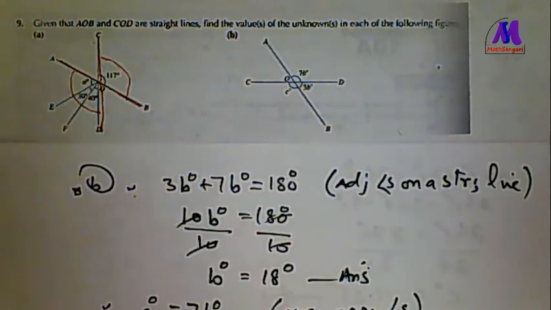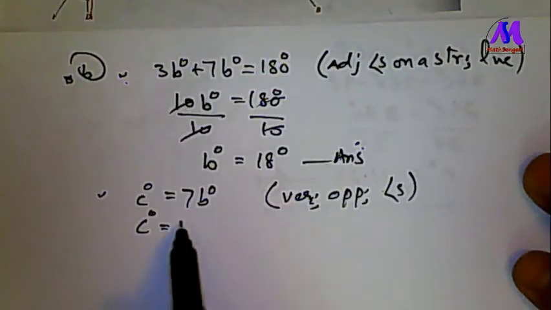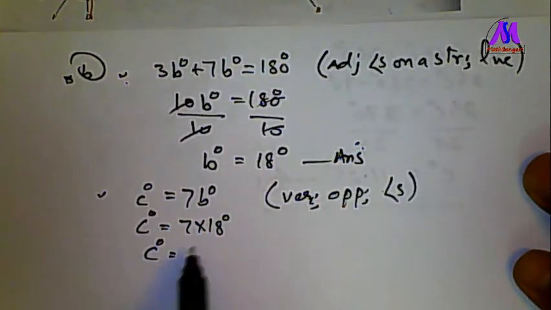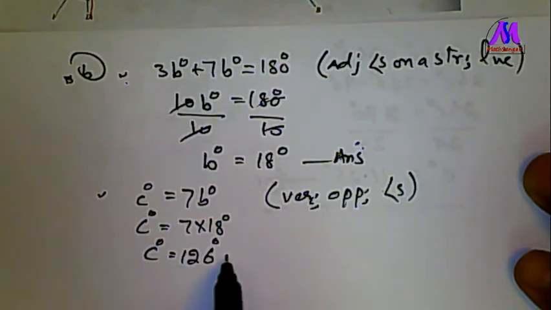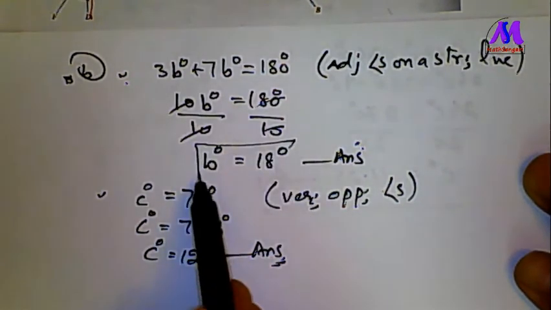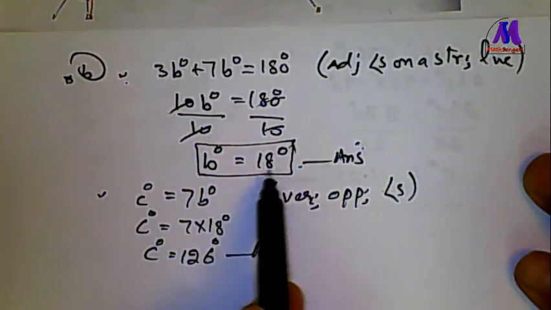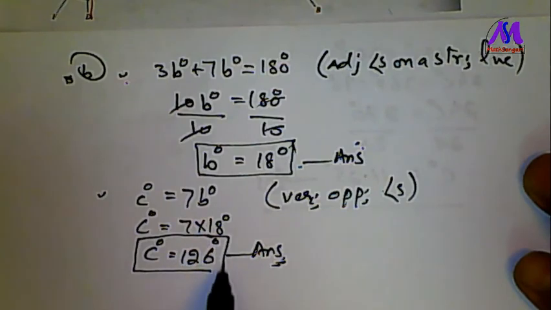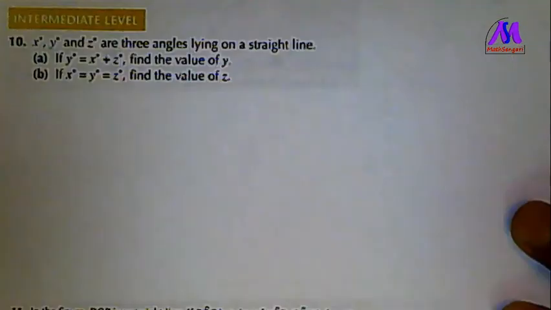So we put the value of B: 7 multiplied by 18 degrees, then C degrees will be equal to 126, and that will be the answer. So one value is B equal to 18 degrees, and the other value is 126.